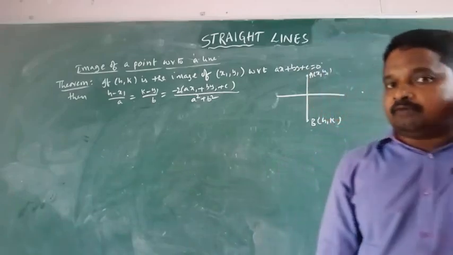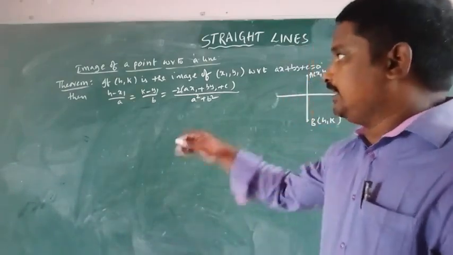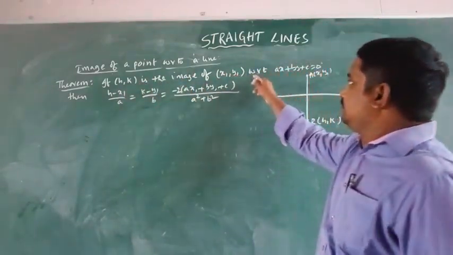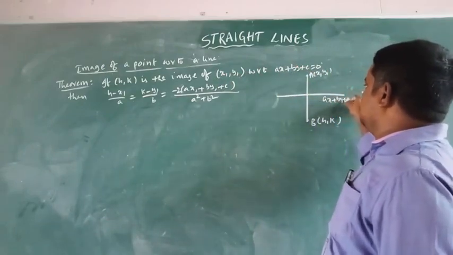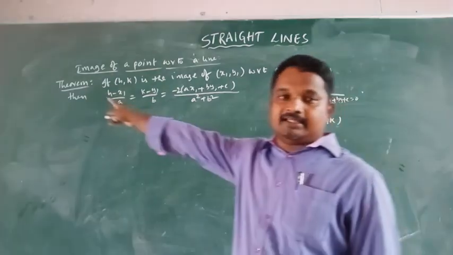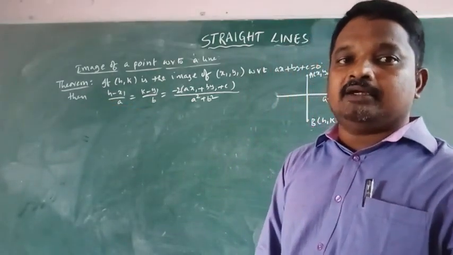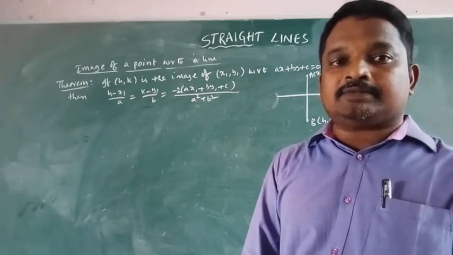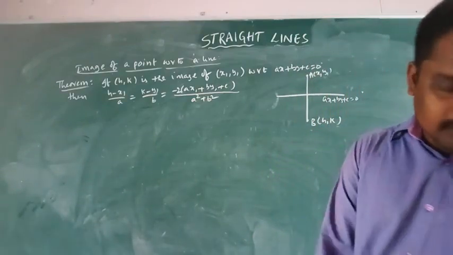Next, coming to image of a point with respect to a line. The first theorem is: if (h, k) is the image of (x1, y1) with respect to ax + by + c = 0, then (h - x1)/a = (k - y1)/b = -2 times (ax1 + by1 + c)/(a² + b²).